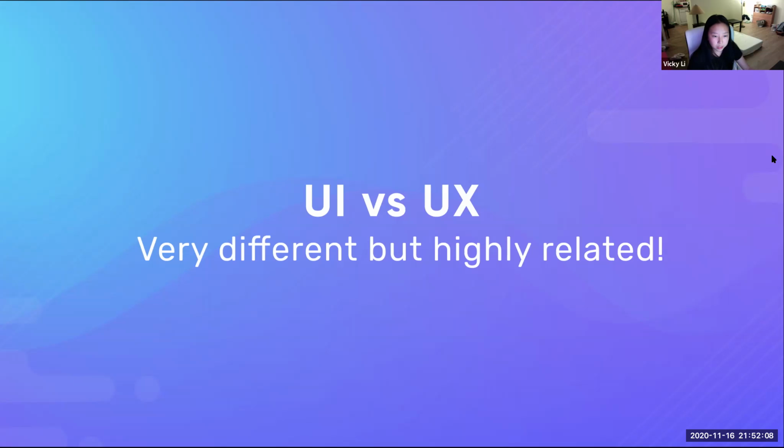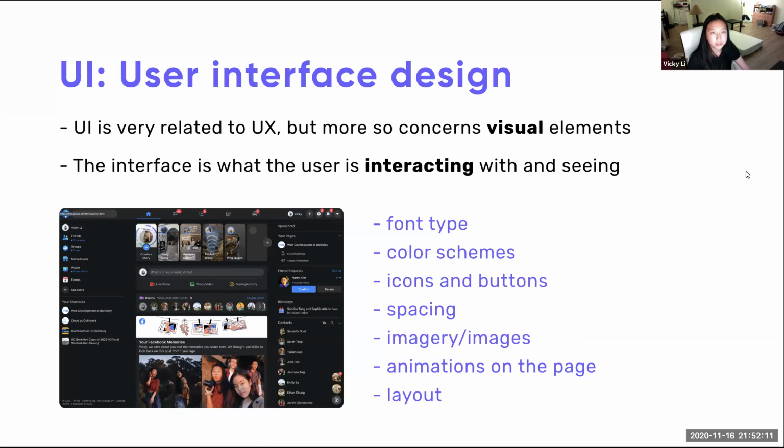So we can start with UI. UI stands for user interface design. Like I said, UI is very related to UX, but it concerns the visual elements of the page. The interface of an application is basically what the user is seeing. For example, this Facebook screenshot is the homepage that I see when I open Facebook. This interface involves everything from the buttons to the photos, the different sections, and the different components. When you're designing a user interface, you're interacting with the visual components.